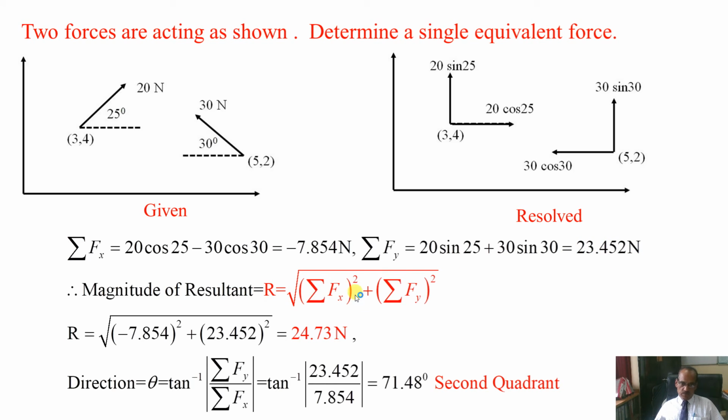Magnitude of the resultant, using this equation, you will get equal to 24.73 Newton, and theta will be equal to, if you substitute Fy and Fx, 71.48, and the resultant is in the second quadrant because Fx is negative and Fy is positive upward.